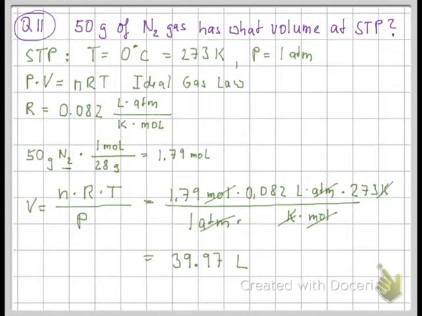So we'll end up basically having to round this to two significant figures, or 40 liters, which, for the purpose of doing the math, is a good answer. I'll be happy with that.